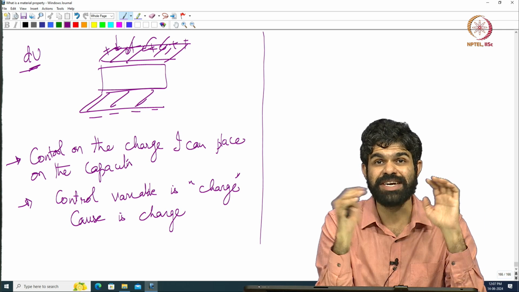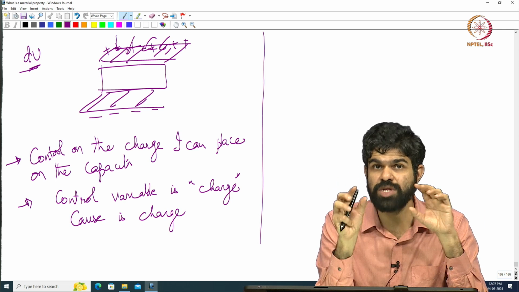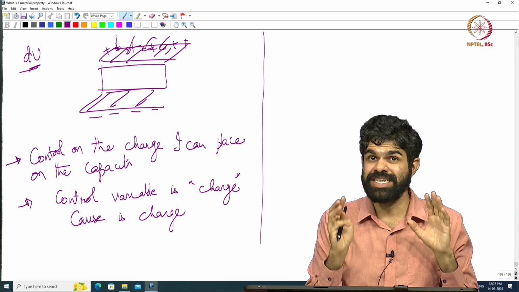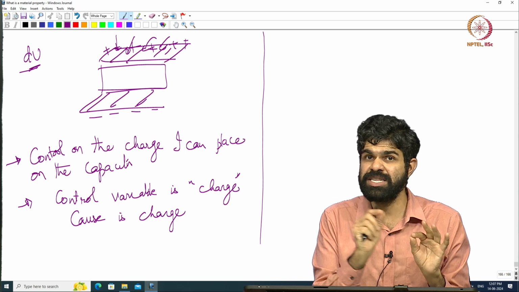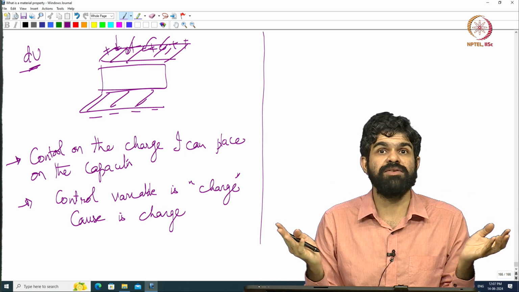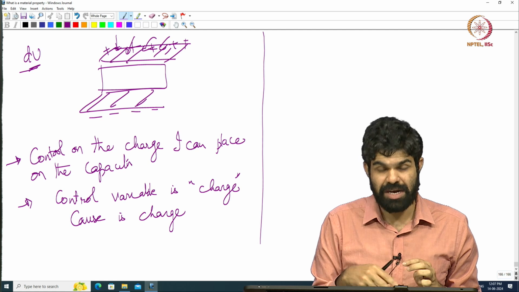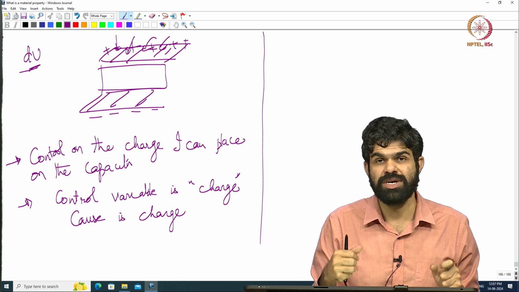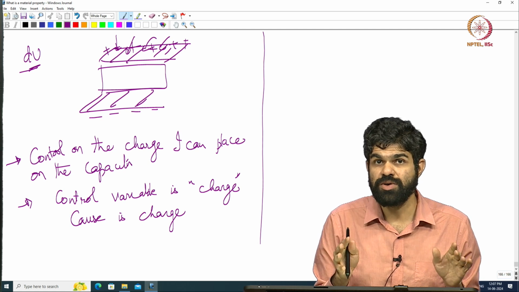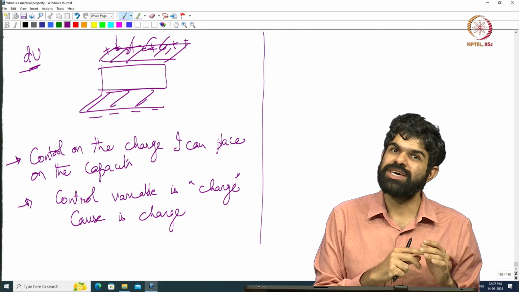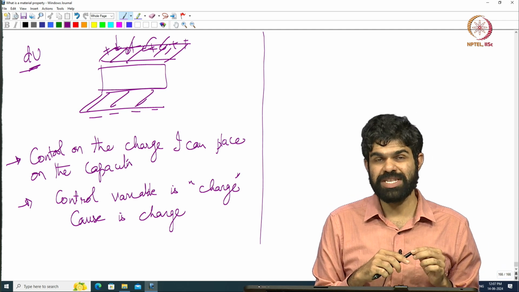You get different answers depending on what is the cause and what is the effect. In a linear system it may turn out to be one and the same, but in a nonlinear system it is not.